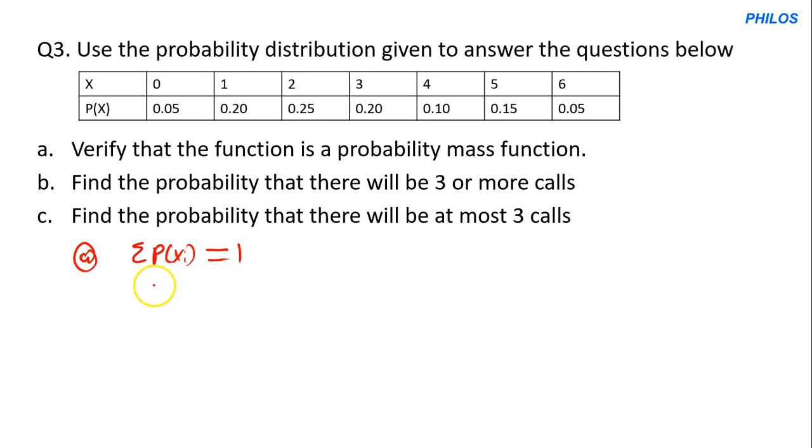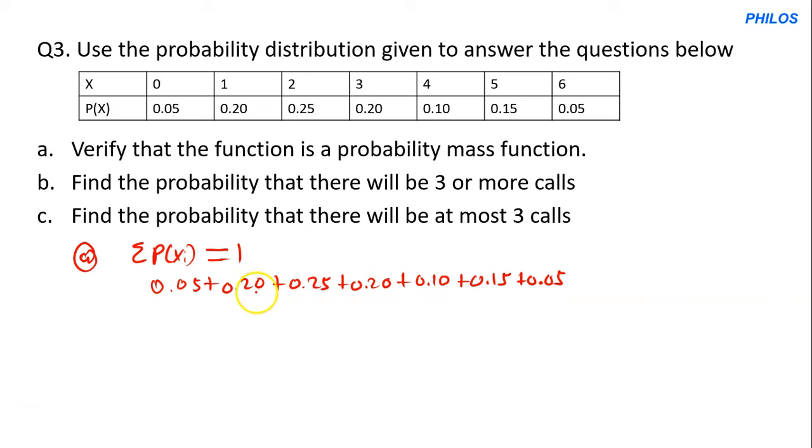So to do that, we say 0.05 plus 0.20 plus 0.25 plus 0.20 plus 0.10 plus 0.15 plus 0.05. Let's add them. 0.05 plus 0.2 is 0.25.